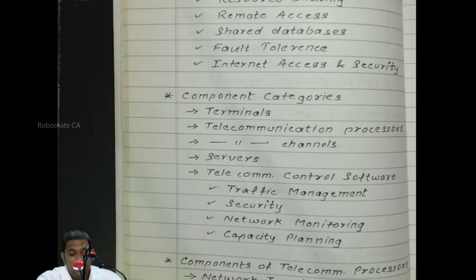Okay, after that we have telecommunication control software. After all the hardware components, we are now referring to the software. Whenever we are talking about software inside a standalone machine, what do we require? We require an operating system. We require some software called a database.